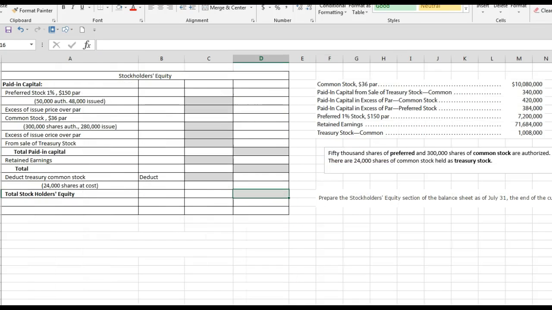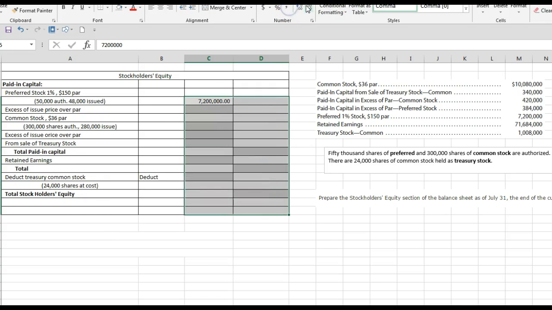Let's move on to stockholders' equity. This is going to be sheet 3. Here, this is just a plug and chug. So I'm looking for preferred stock. How much did we have? If I come over here, preferred stock, I had 7,200,000.